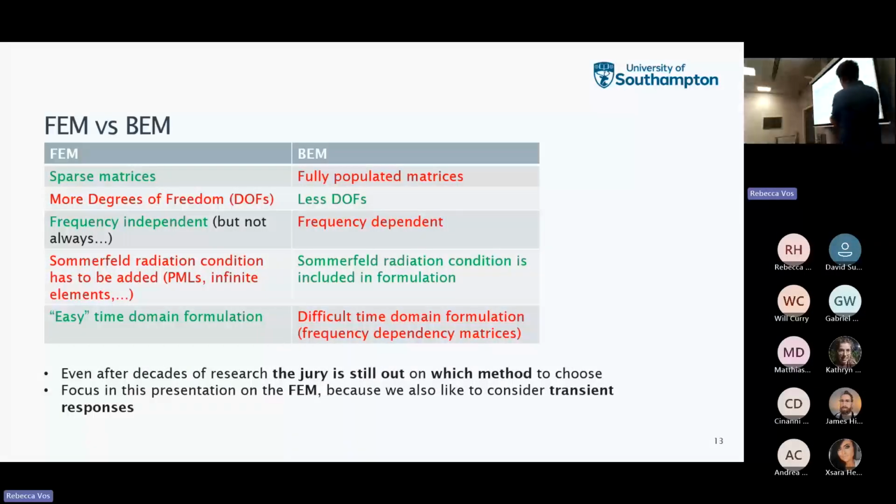So like I said, we can use finite element or boundary element methods. I just make a small comparison between the two, just to argue why I'm mostly looking at finite element methods. However, I think both methods have their advantages, obviously. But for the reduced order modeling approaches that we use, the advantages of the finite element methods are that you can get sparse matrices that are frequency independent, although they're not always frequency independent.